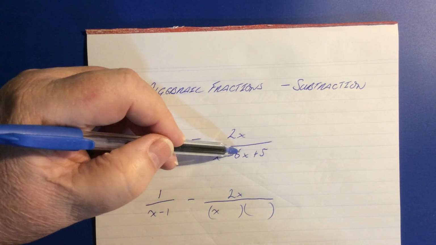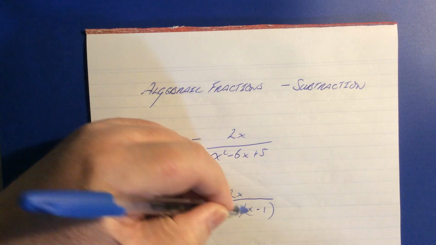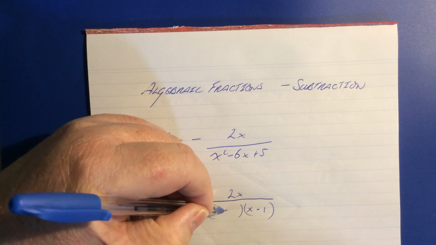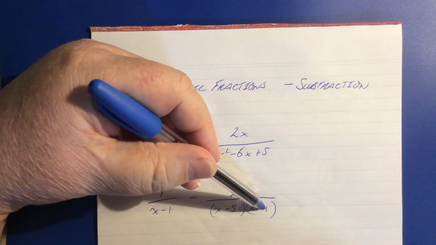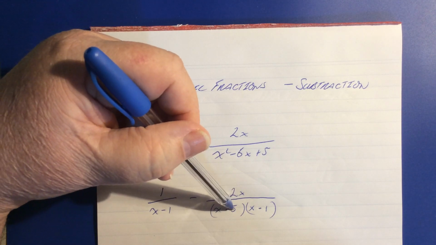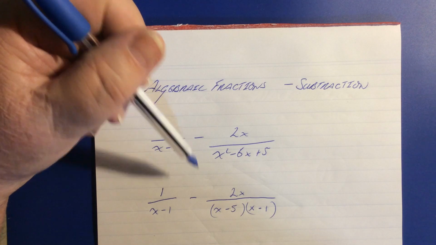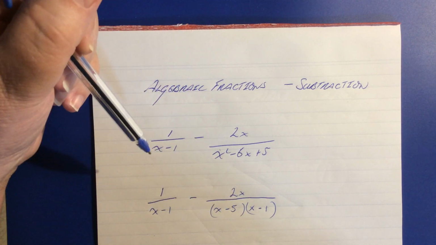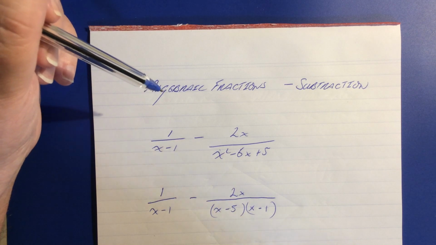I want factors of 5 that add to -6, so that one is -1 and the other will be -5. So -5 times -1 gives us +5, -5 times x plus -1 times x gives us -6x, x squared gives us x squared, surprise, surprise.